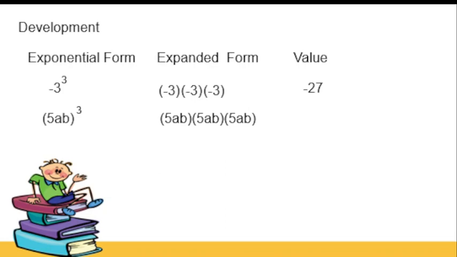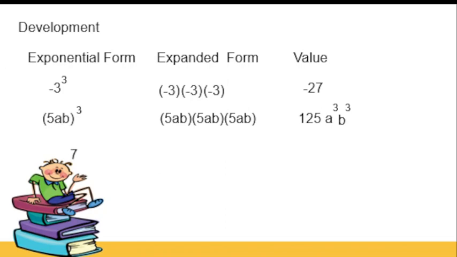So 5 times 5 is 25, times 5 is 125. The result will become 125a raised to the 3rd power times b raised to the 3rd power. In short, that is read as 125a cubed b cubed. Again, that is 125a cubed b cubed.